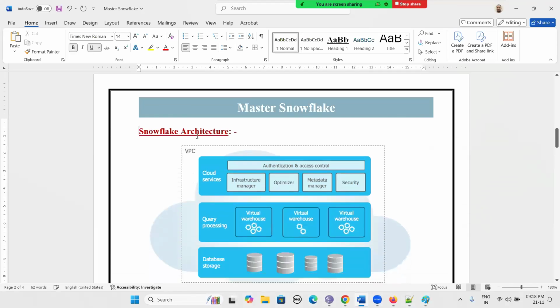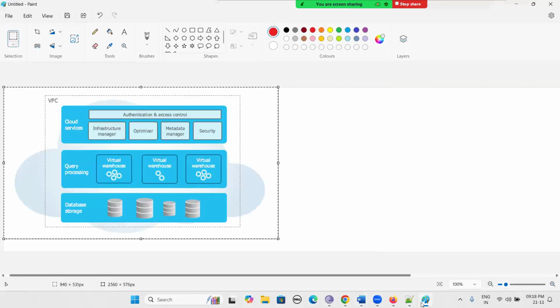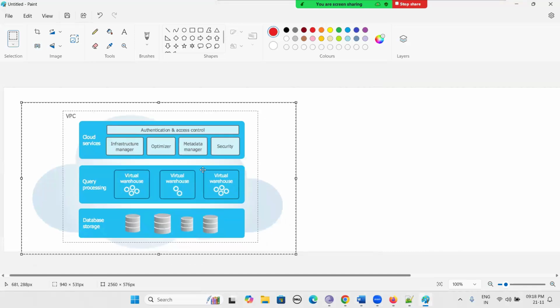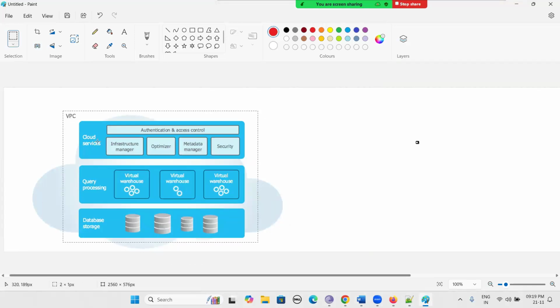Snowflake follows a three layered architecture. The first layer is cloud services, and here we have infrastructure manager, optimizer, metadata manager, and security. This one is completely Snowflake related, and the other layers are query processing and data storage.